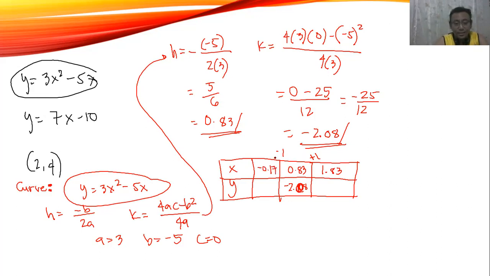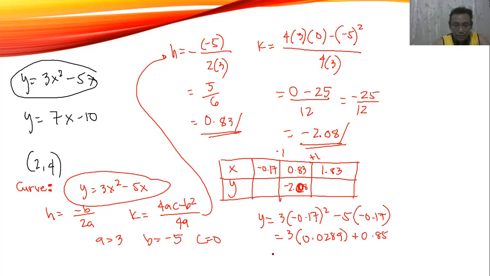And then at least, kahit isa lang yung isolve natin kasi surely this one and itong nasa right is equal lang din naman. We have y is equal to 3 times negative 0.17 squared minus 5 times negative 0.17. 3 times 0.0289 plus 0.85.